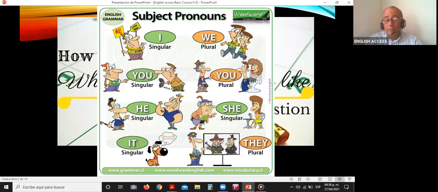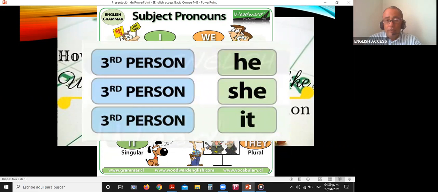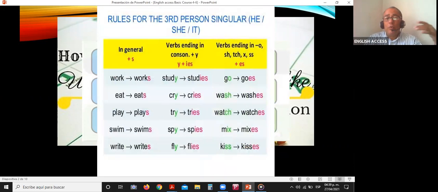And we also review the pronouns in order to learn that with the third person, he, she, or it, the verb changes. It changes because we add an S at the end of the verb in general. When the verb ends in a consonant plus Y, we remove the Y and add IES.